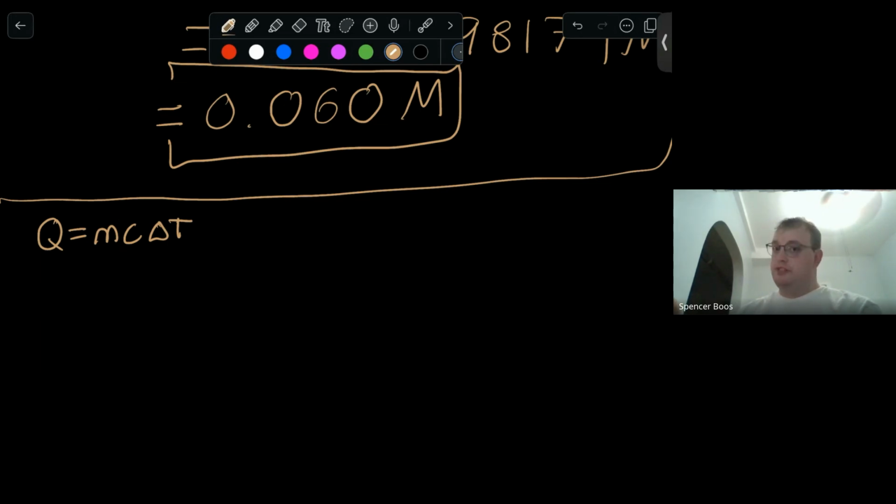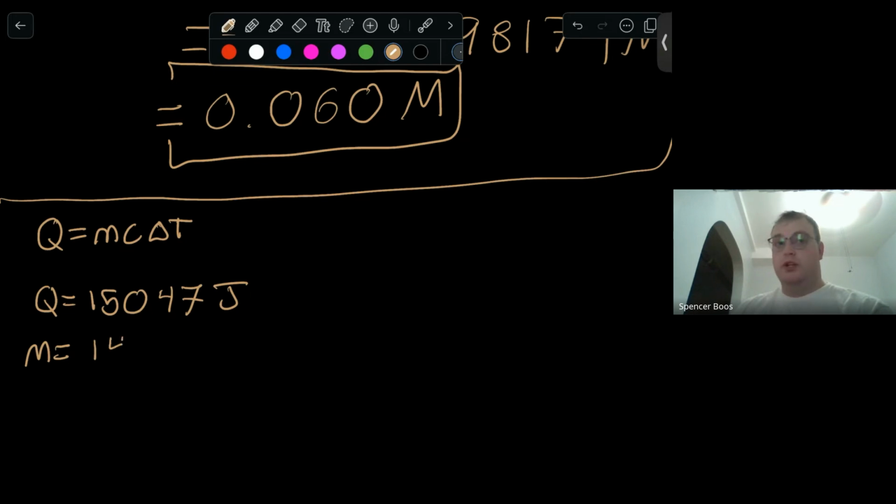Let's say, for instance, that the heat gained by this object is, I don't know, 15,047 joules. The mass of some metal, let's say, is 143 grams. Let's say the specific heat of the metal is 0.450 joules per gram degrees Celsius.